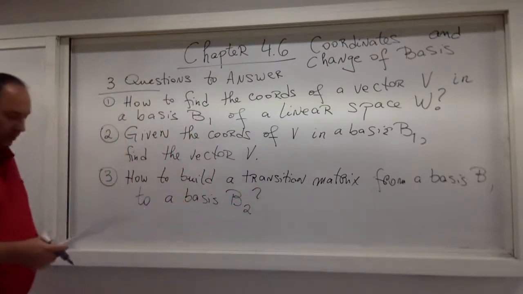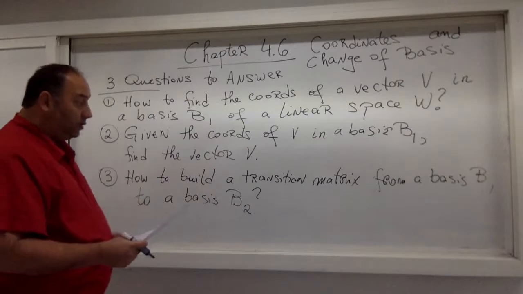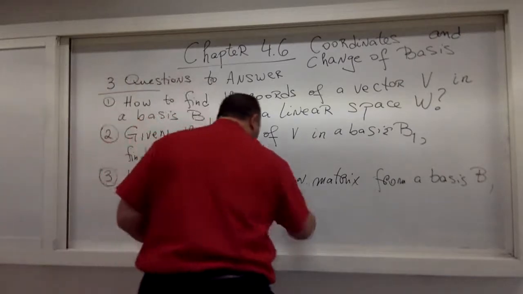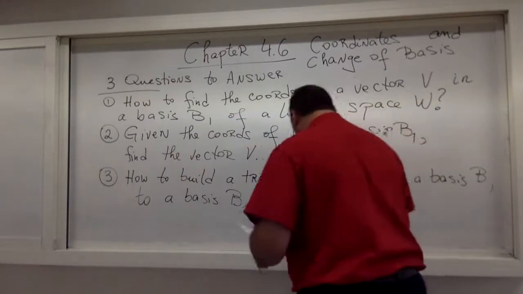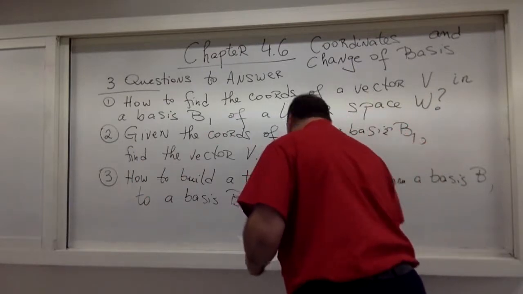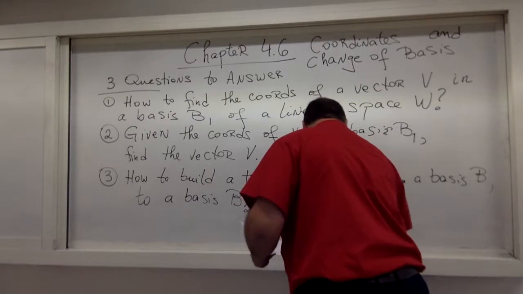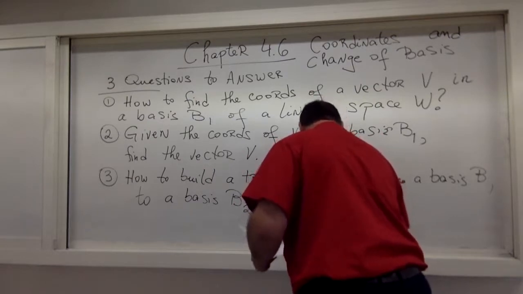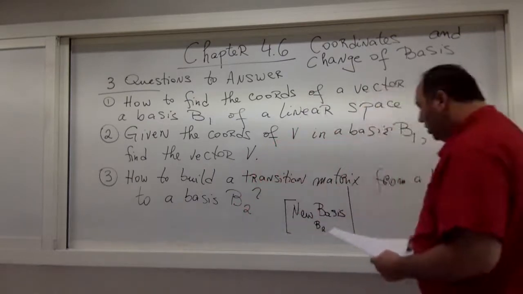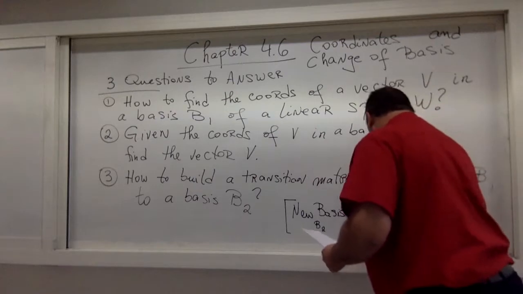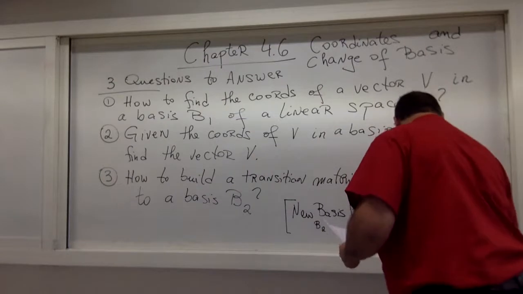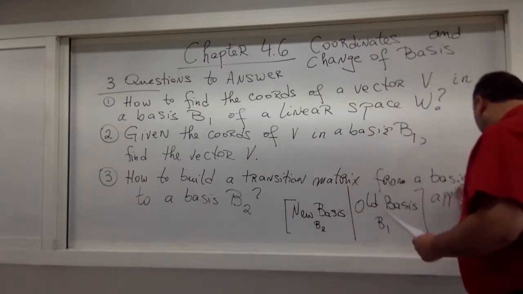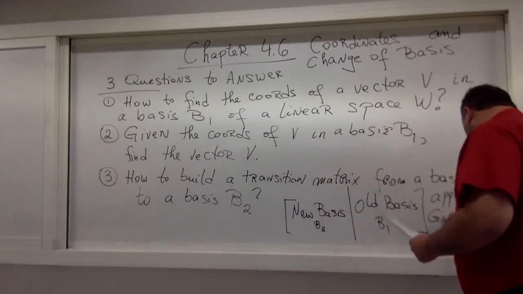So how do we do this? Again, it's going to be simple. This time, all you need to do is, again, apply Gauss-Jordan, but on a special augmented system. So you have your new basis, B2, let's say. In our case, it's going to be B2, then slash, our old basis, in our case B1, and apply Gauss-Jordan.